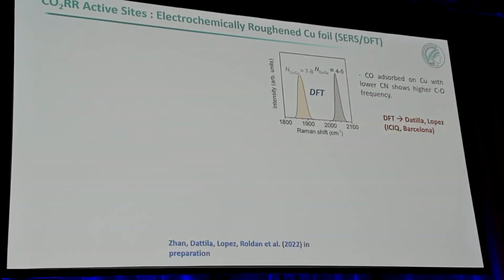And what should be the characteristics of the surface that we should have? So if you look in calculations of vibrational spectroscopy data, and you look at CO adsorbed on copper, you see that if CO is adsorbed on copper with lower coordination number, on low coordinated copper sites, then you will have a higher CO frequency. And this you can look at in our experiments also.